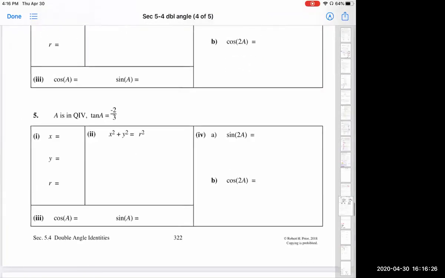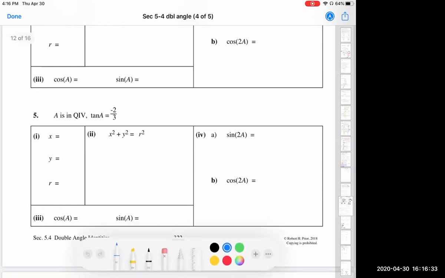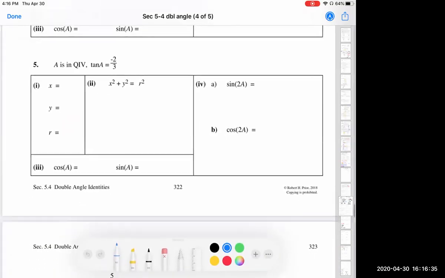Ooh, it's the ugly one. All right. So these are fun. They really make you challenge everything you know thus far. All right. So we're working in quadrant 4. Let me just draw my quadrant 4 triangle. And tangent of A is equal to -2/3. I know tangent is y over x.